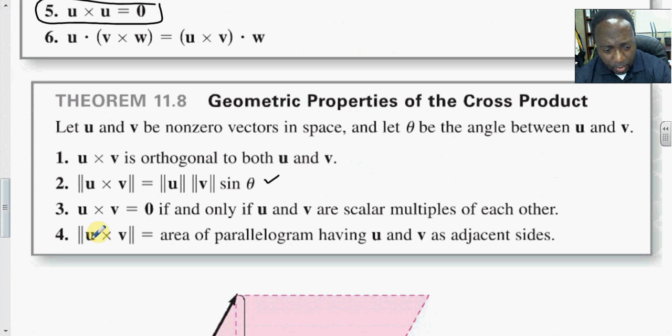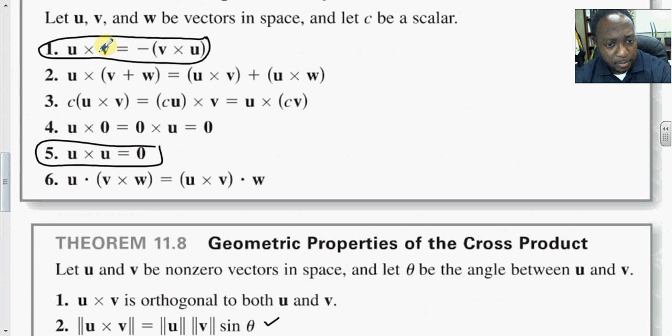And that the norm, or the magnitude of U cross with V, is the area of the parallelogram. But this number 1 is the one that we've been using more so. And you remember that previous problem there, we had the cross product, they reversed it, we got negative, and then the cross product of the vector with itself was 0. So we just showed that these properties are indeed true.